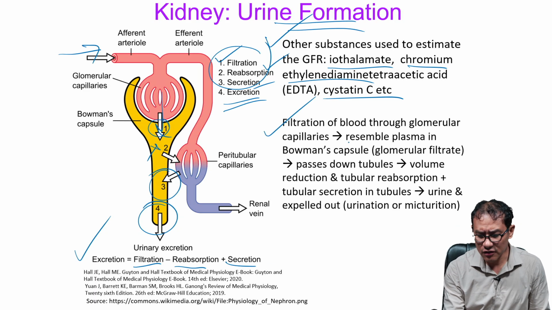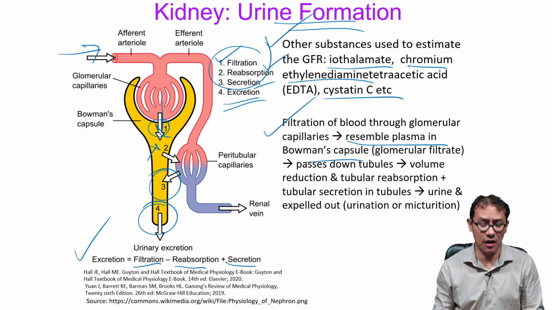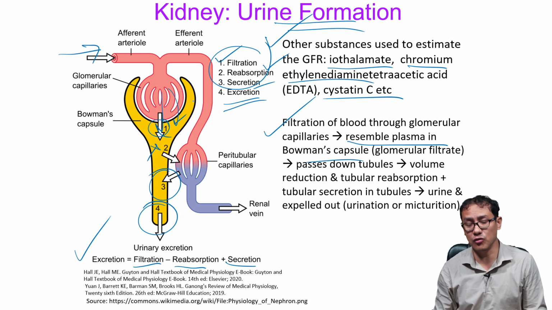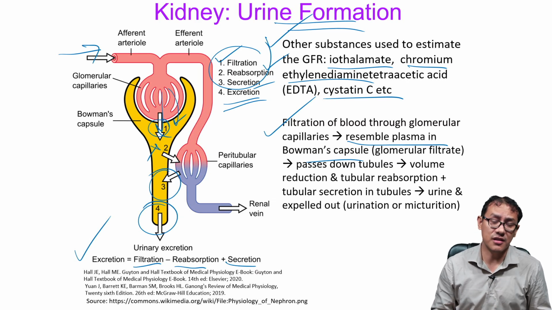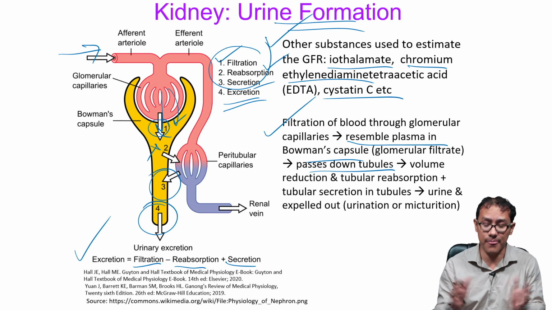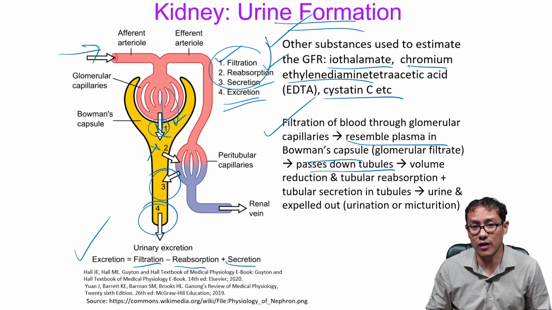The initial filtrate resembles the plasma, because it is just unprocessed urine. Then it passes down the tubules. Volume reduction happens from 180 liters per day to 1 to 2 liters per day.